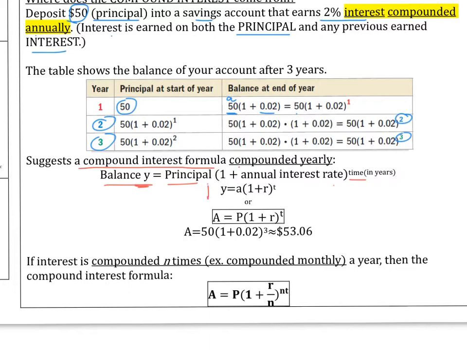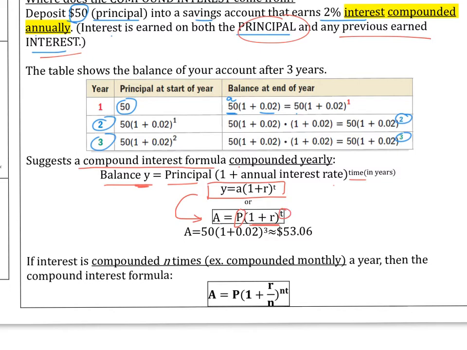So this exponential growth model can be rewritten as capital A, which stands for the amount that you earned on your principal and any previously earned interest, and I will set it equal to capital P, which stands for the principal, the amount that you first put in the savings account, and the growth factor will stay the same, and it will be to the t power in years.